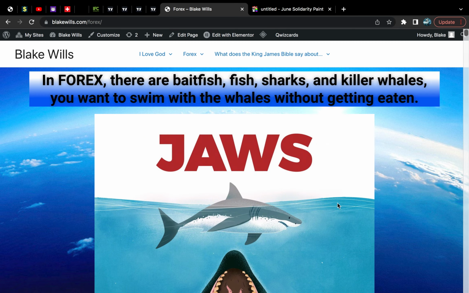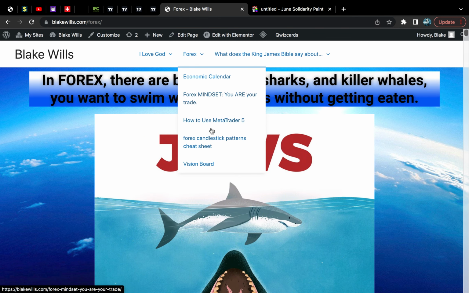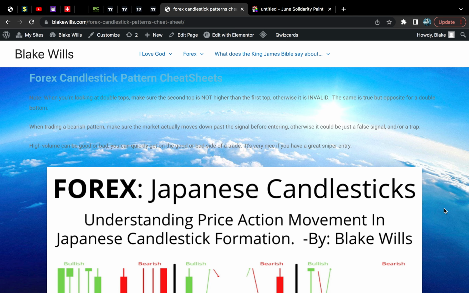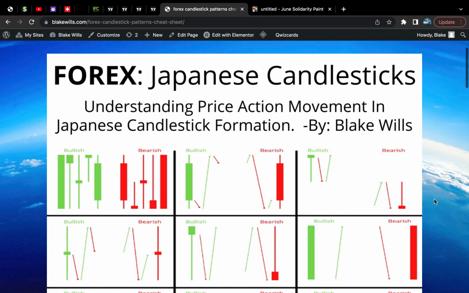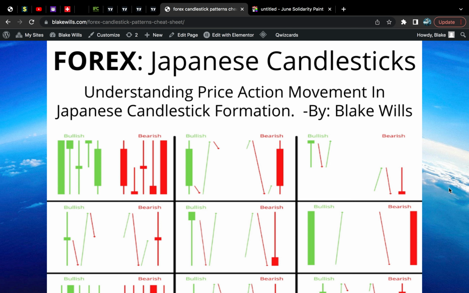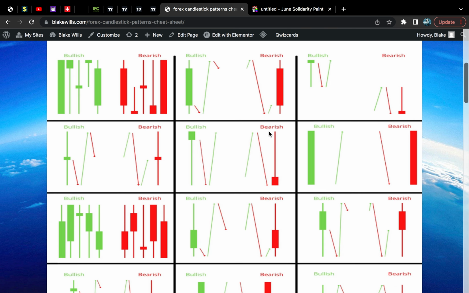Oh, hold on. I'm on the wrong page. I'm trying to show y'all some. Yeah, I want to show y'all this. I made this a while back. But this is going to help you understand how candlesticks move. This is the price action, how the price action would be.